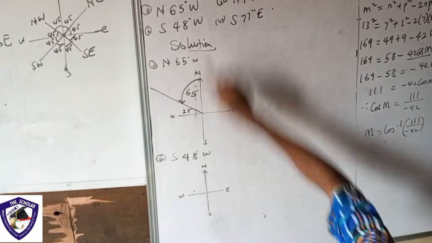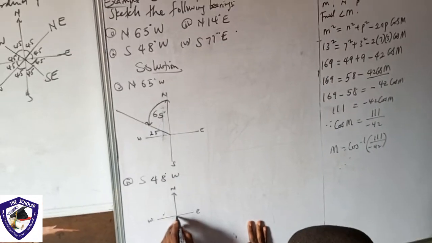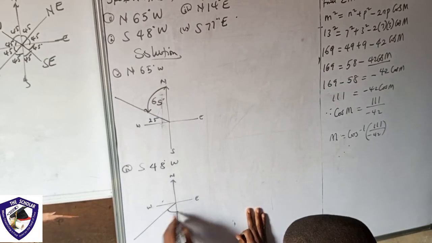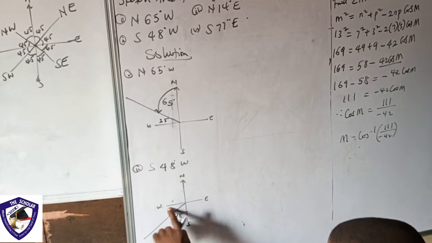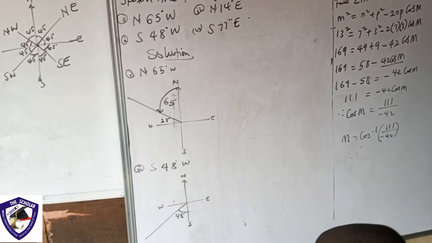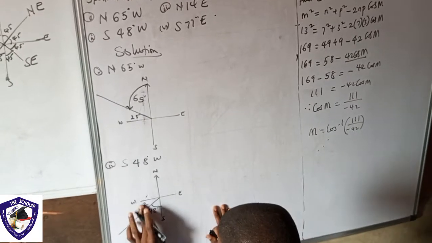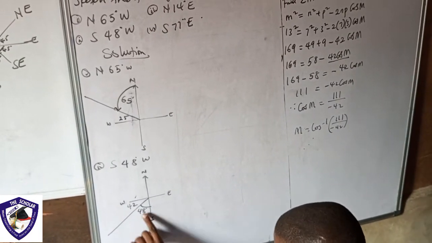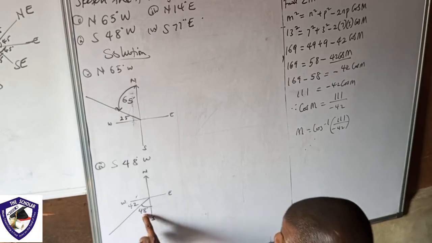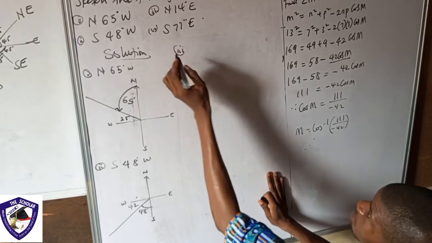Following south to west, that is the arrow, so you are going to have it inside as well. 48 degrees, south 48 degrees, and not this place. So the remaining portion should be 42 degrees, which gives us 90 degrees. But your main answer is the 48 degrees.